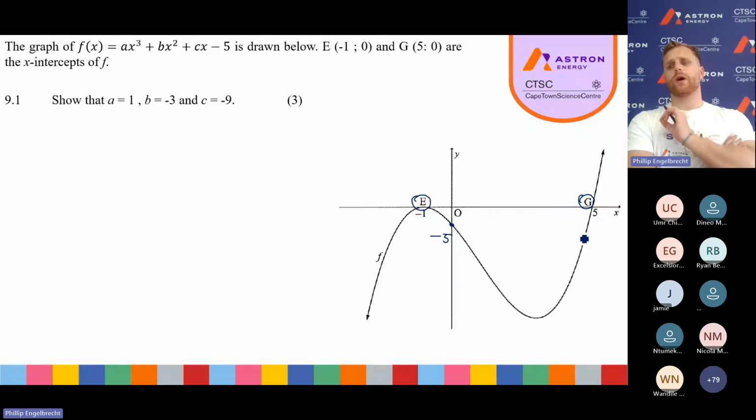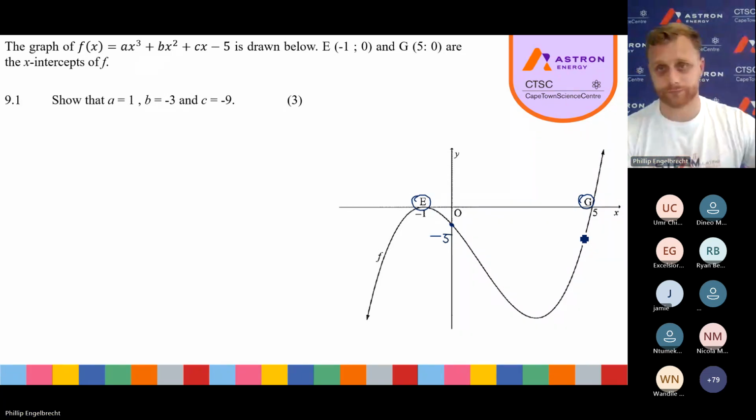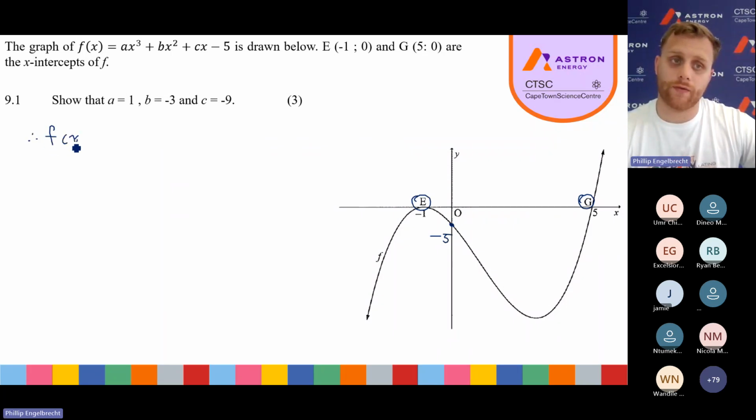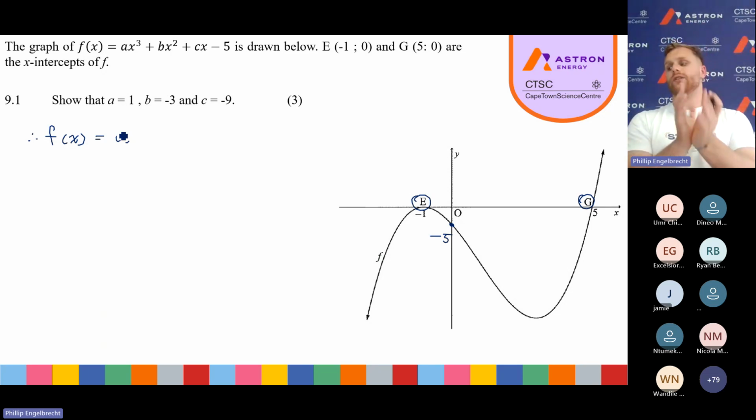For 9.1, we need to show that a is equal to 1, b is equal to -3, and c is equal to -9. Okay. Now, what do we know? Let's look carefully. They have given us the x-intercepts. So I'm going to say, therefore, f of x is equal to a, right? Because a is basically telling you, is this a positive graph?